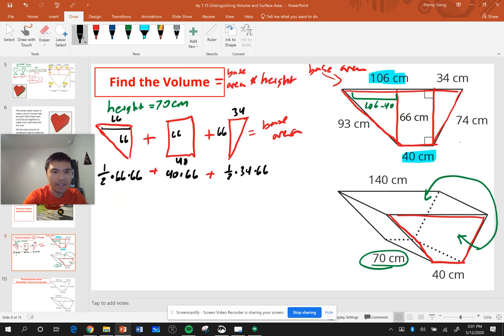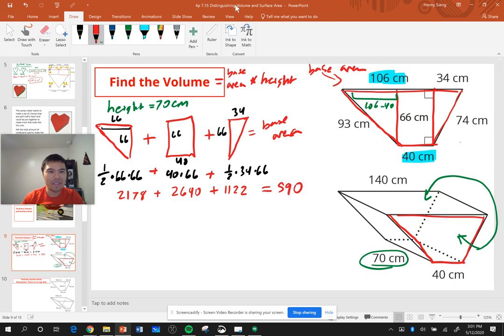So we have here, I'll just do this in red, 2178 plus 2640 plus 1122. Okay, so the base area, I'm going to add all those up, is 5940.